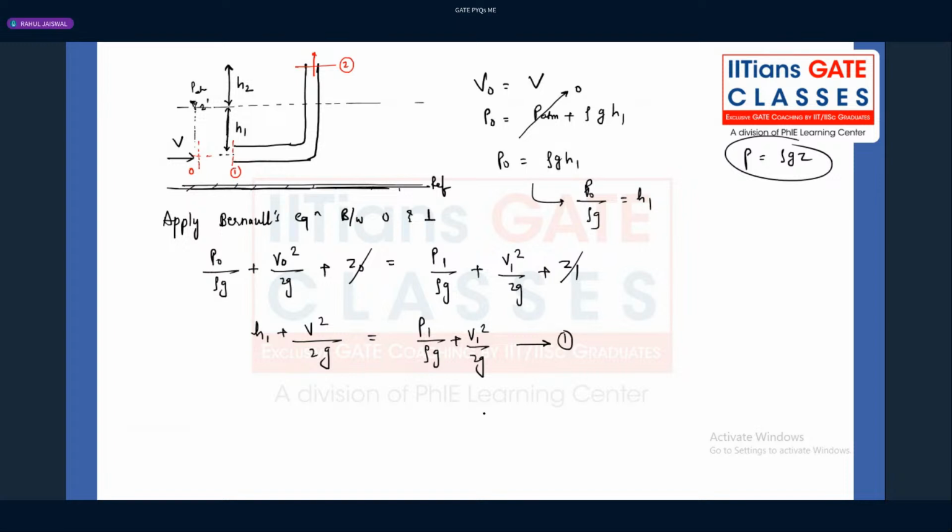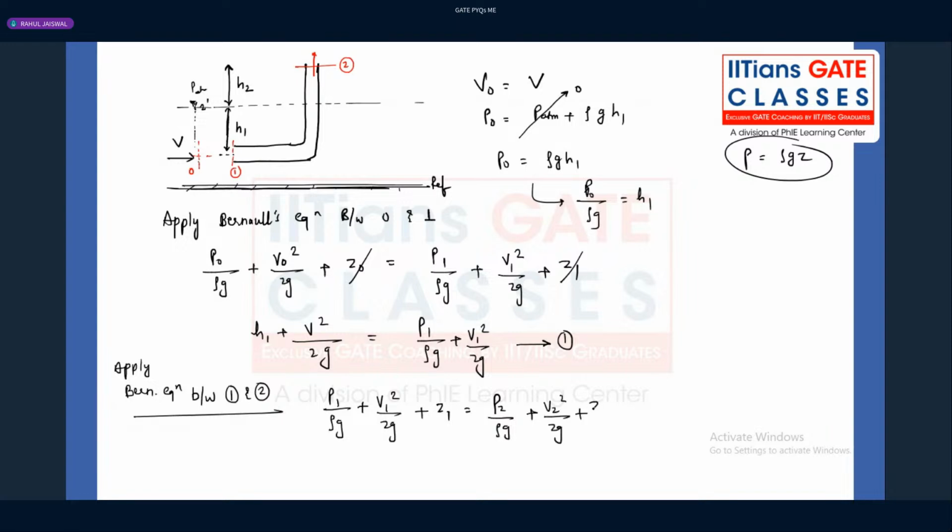Equation number 1. Again, apply the Bernoulli equation between 1 and 2. So P1 by rho g plus V1 square by 2g plus Z1 is equal to P2 by rho g plus V2 square divided by 2g plus Z2.